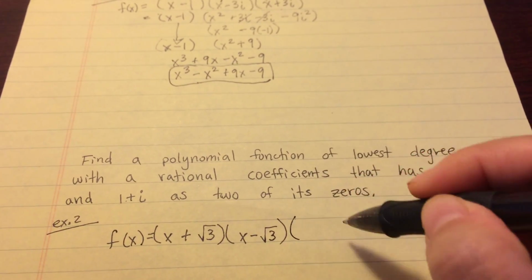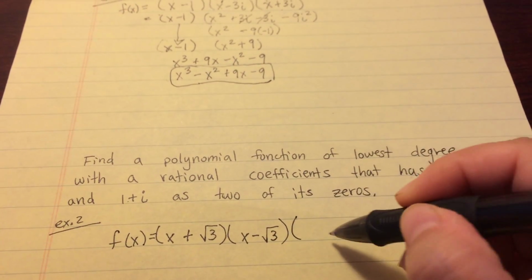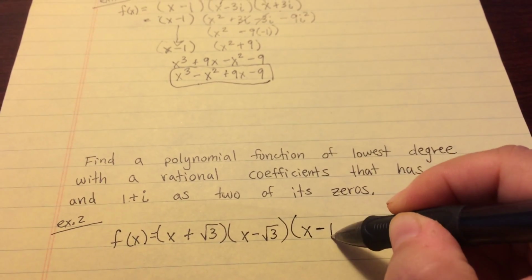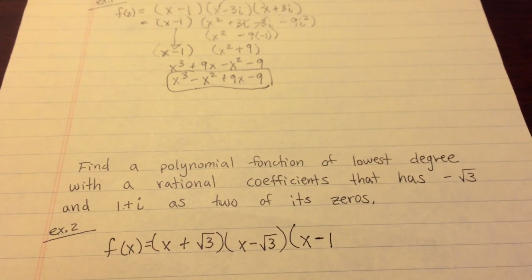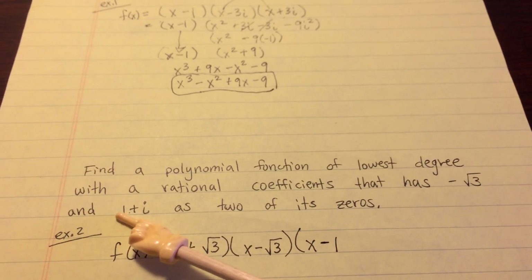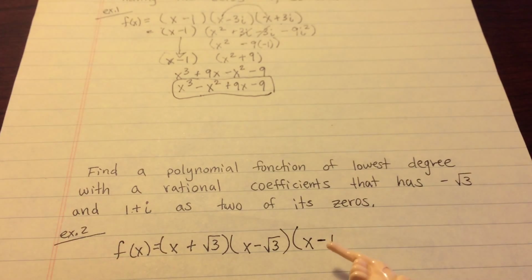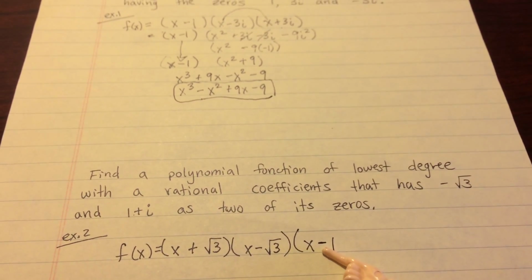And then this part right here, the 1 plus i, so when we write this, it's going to be x and then minus 1, and the only reason it's minus 1 is because right now, currently, this is positive 1 right here. So if this was negative 1, when I put it inside the parentheses, it becomes a positive 1, okay?